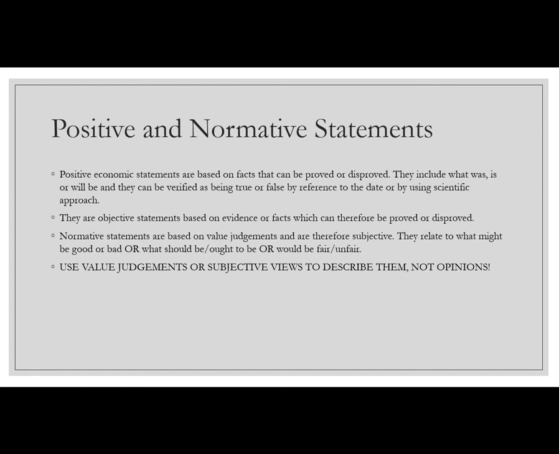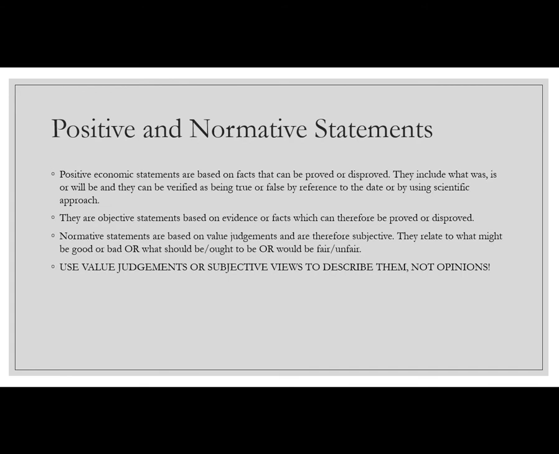So they're objective statements based on evidence or facts. Normative statements, however, are based on value judgments, and they are therefore subjective. They relate to what may be good or bad, or what should be, ought to be, or would be fair or unfair. We use the words value judgments or subjective, not opinions.